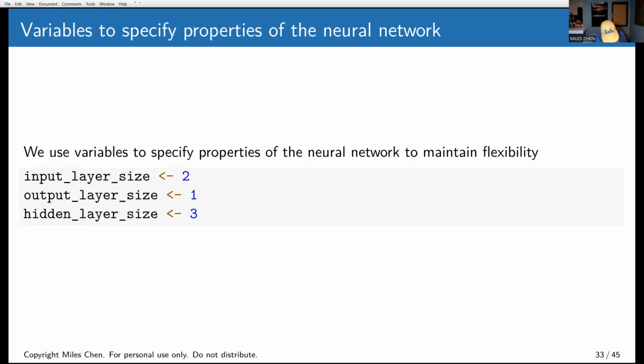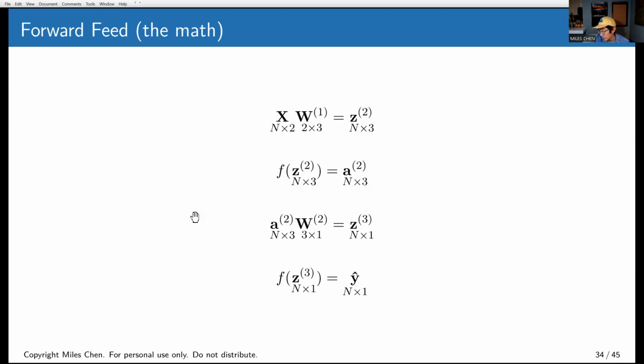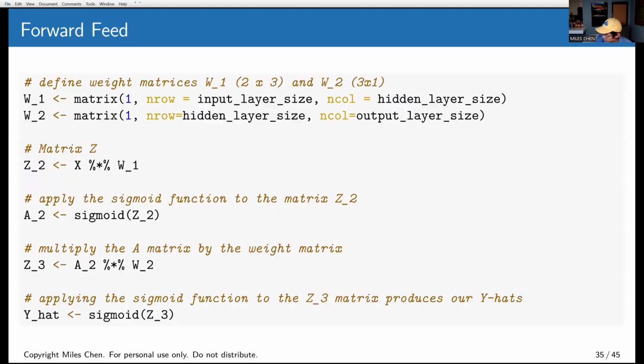Our input layer has 2 elements in it, our hidden layer has 3 elements, and our output layer has 1. I just put these in as variable names. This is our forward feed, and we're just going to carry this out. Here I'm going to start off with arbitrary matrices, W1 and W2.